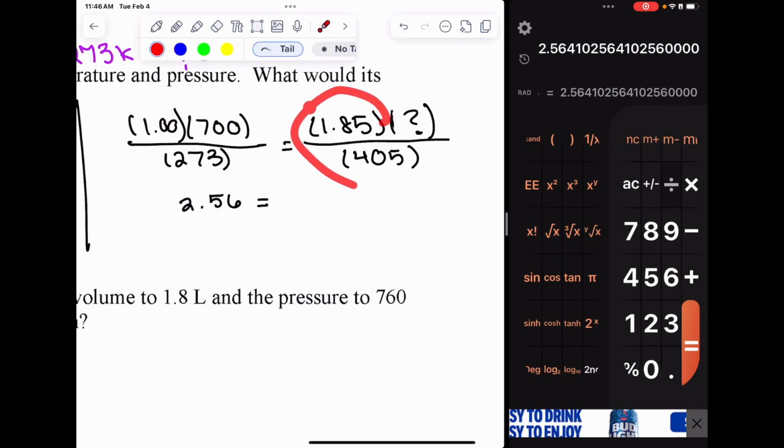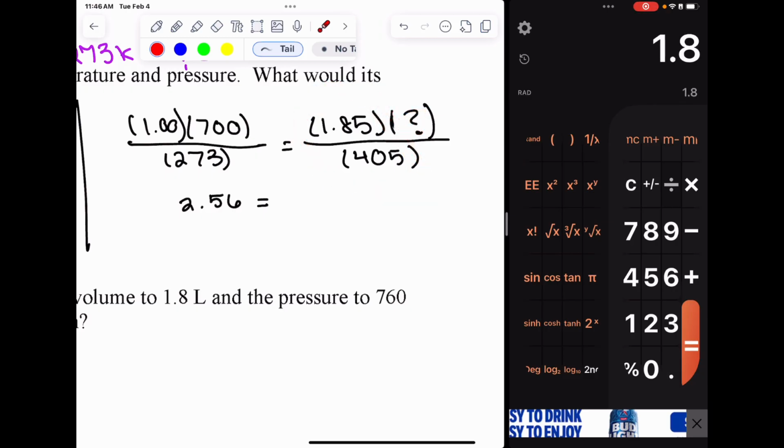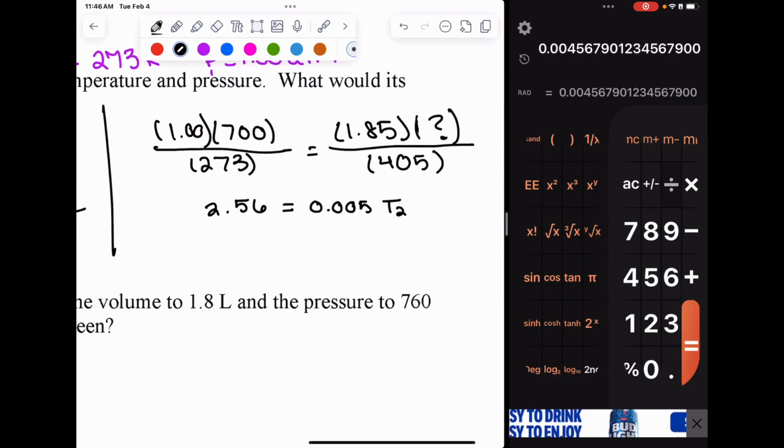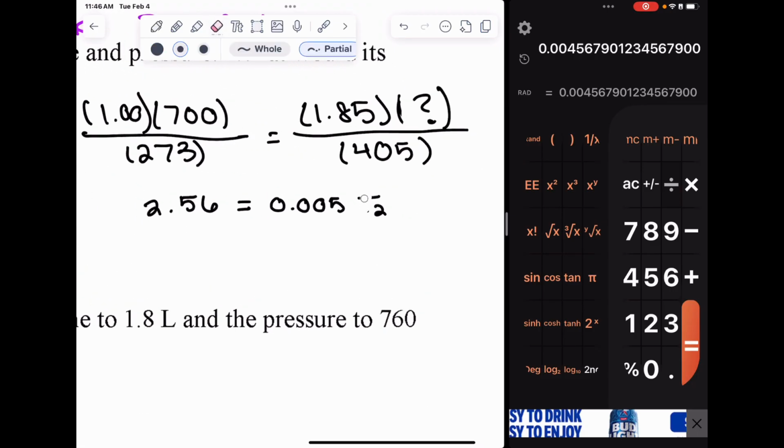Now, let's do the same thing with these numbers. Now, we don't know what V2 is. That's okay. But we can at least find this part, 1.85 divided by 405. 0.005.